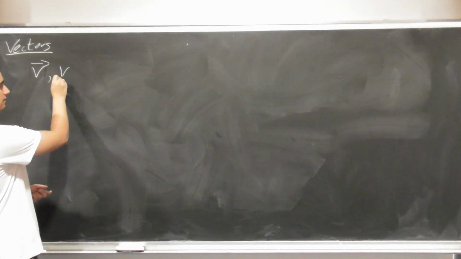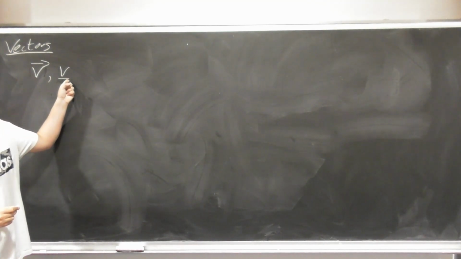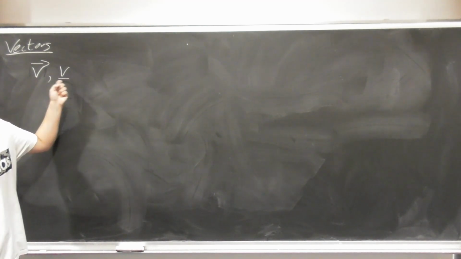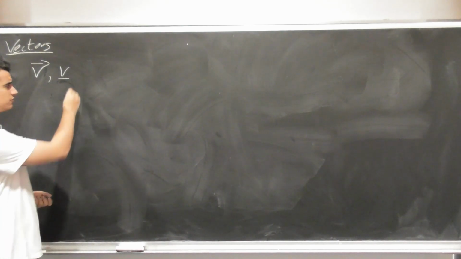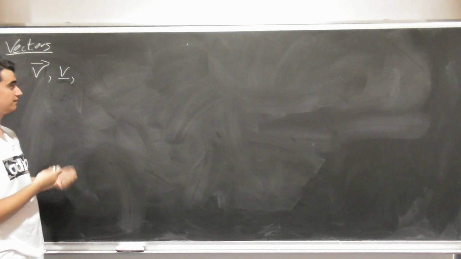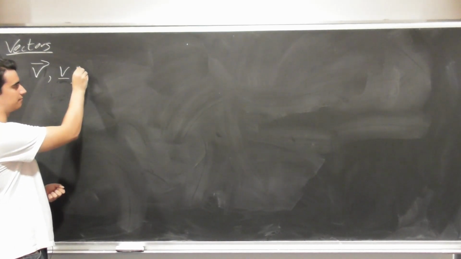Another notation is this one line underneath. This is usually the notation I write in, but it's not the notation that the notes are written in. Another type of notation you can see a vector being written as is bold.